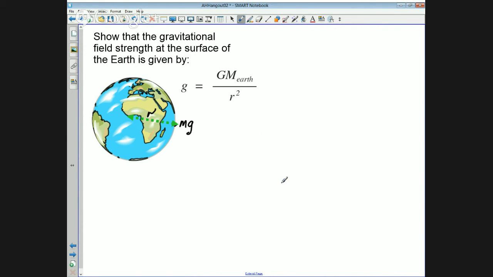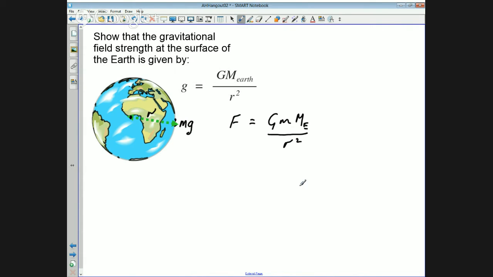We'll call that a radius r. And remember, the gravitational force is taken from the centre of the planet, and the gravitational force we know is going to be equal to G, the universal gravitational constant, times the mass of the small mass, which is m, times the mass of the Earth, divided by r squared.